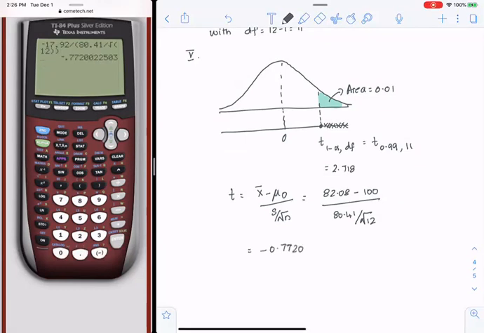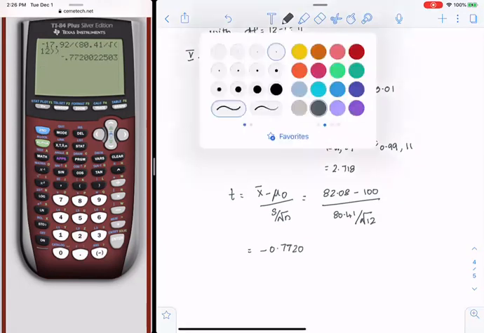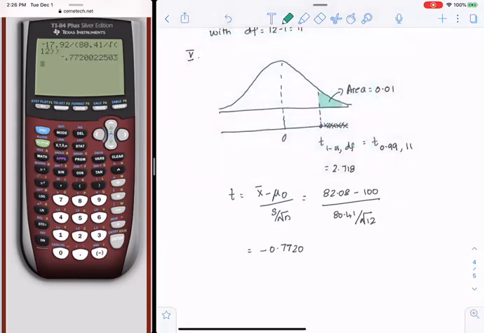And that is pretty much the value that we got from t-test. So all we are trying to do is use the formula that the calculator uses to find the value using manual calculations. So the test statistic is negative 0.7720. So the test statistic is somewhere right over there.